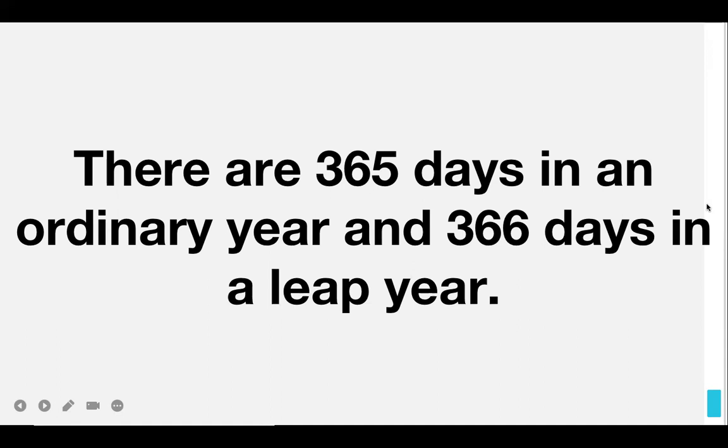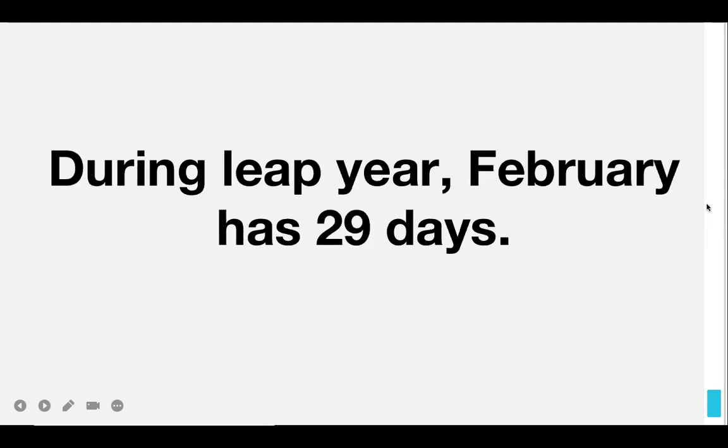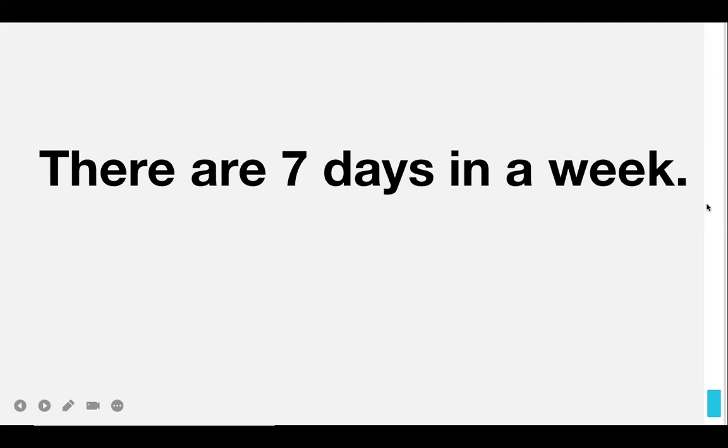So leap year goes every 4 years. Okay. During leap year, kids, February has 29 days. Like this year, yung February natin, if I'm not mistaken, we have 29 days in our February.